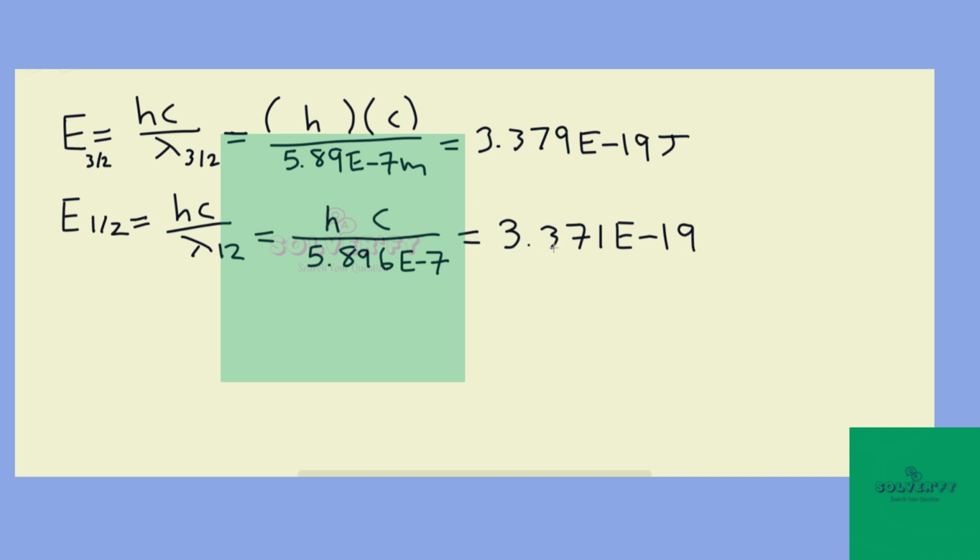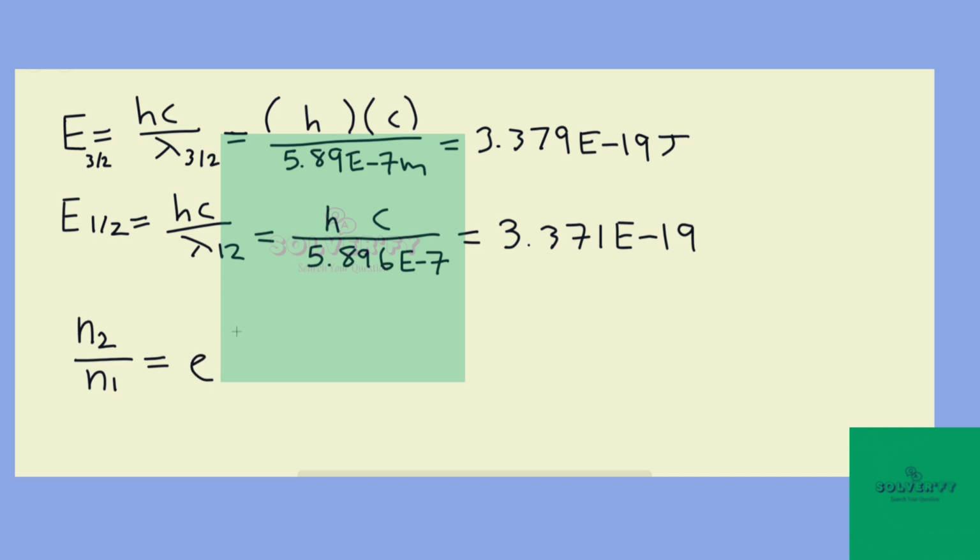So now that we have these two energy differences, we can go to the Boltzmann equation and express this difference in occupancy as a ratio, n2/n1.